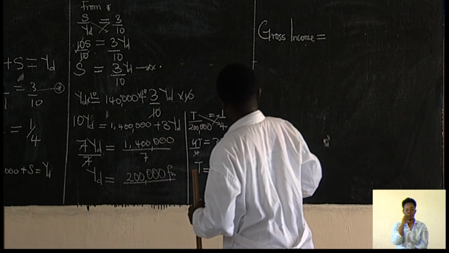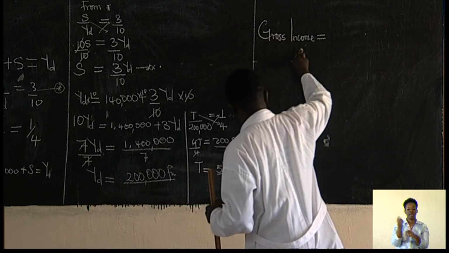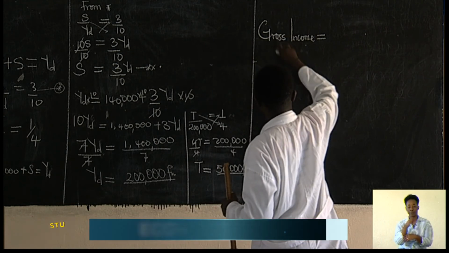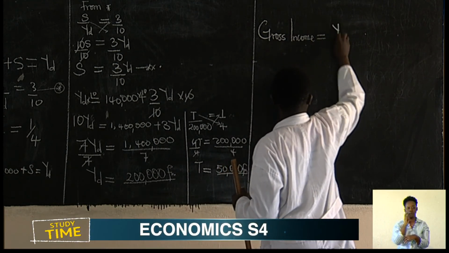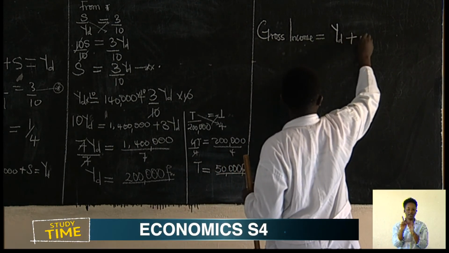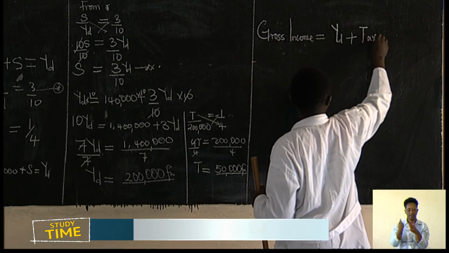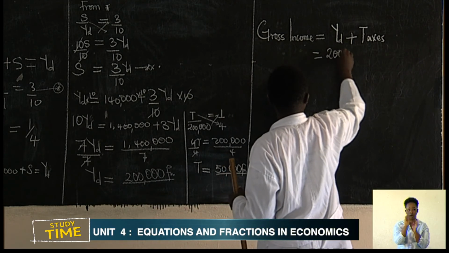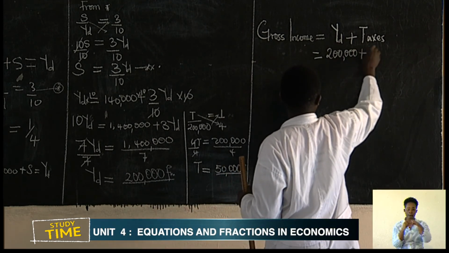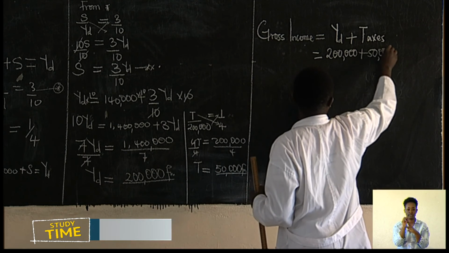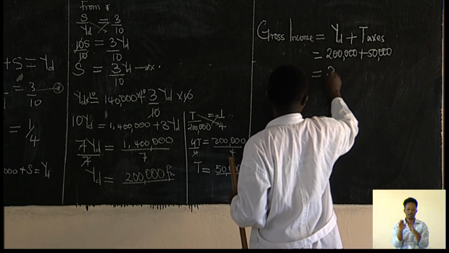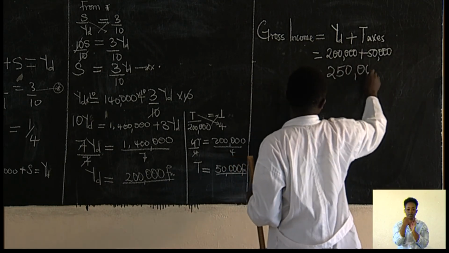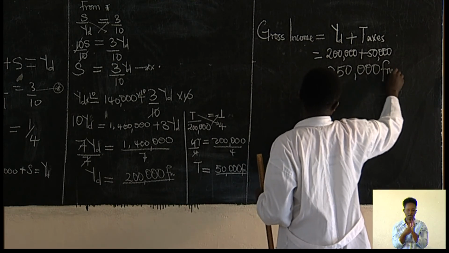So these are direct taxes that will be deducted from your gross income. So our gross income will be your disposable income plus the taxes that we have. So this will be 200,000 Rwandan francs plus the 50,000, which gives you 250,000 Rwandan francs.